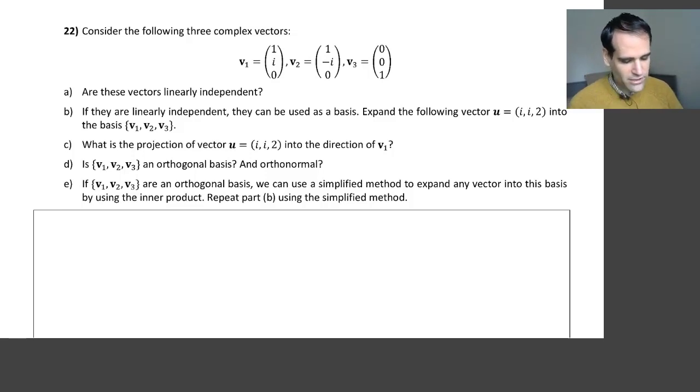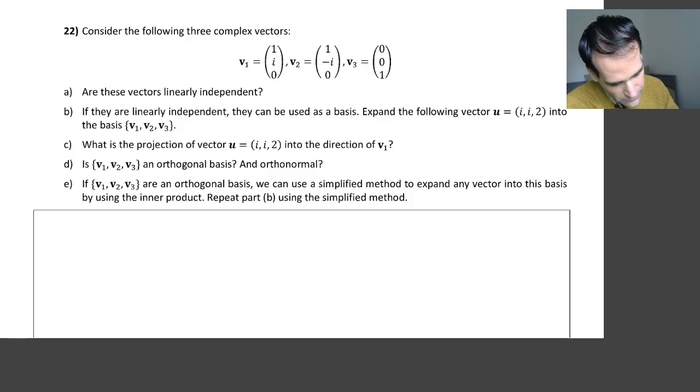The fourth is about orthogonal or orthonormal bases: we have to check if this basis is orthogonal or orthonormal. Finally, if the basis is orthogonal, we can expand the vector into the orthogonal basis using a simplified recipe. So basically, we are going to repeat the calculation from B, but using a simplified recipe. So let's get on with it.